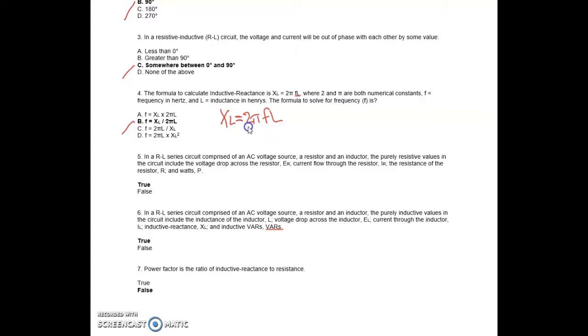To do that, I'm going to divide the right side by 2 pi L. If I do something to the right side, I have to do the same thing to the left side for it to remain an equation, so I also have to divide the left side by 2 pi L. If I rewrite this whole thing and clean it up, we end up with frequency equals X sub L over 2 pi L.